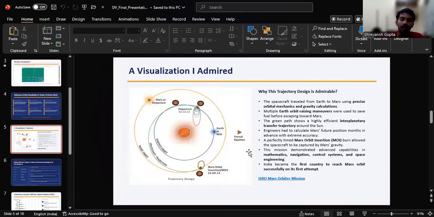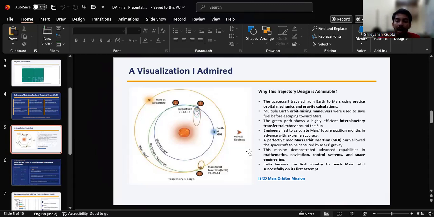Now, a visualization that I admire. I have taken this plot from the internet, and I personally admire it because it represents a brilliant combination of mathematics, orbital mechanics, and engineering precision. The spacecraft first performed multiple Earth orbit raising maneuvers to save fuel before moving towards Mars.